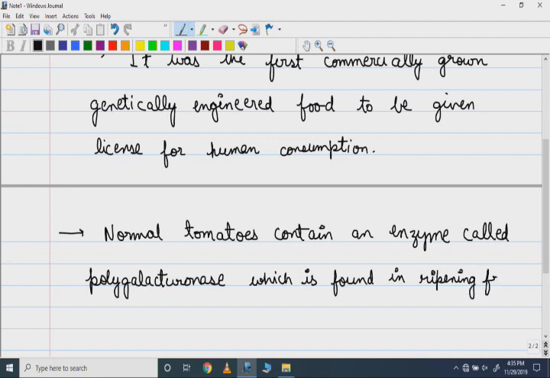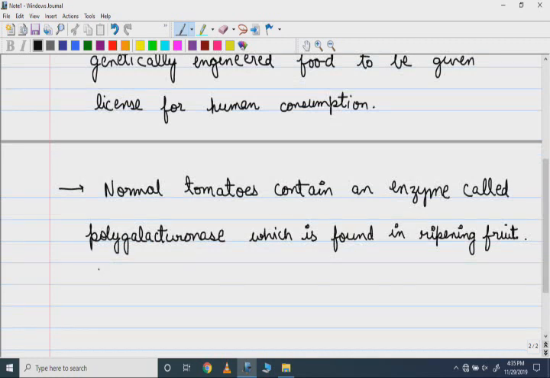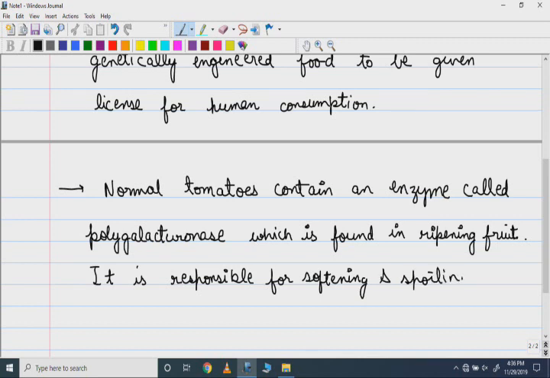It is responsible for softening and spoiling of tomato fruit.